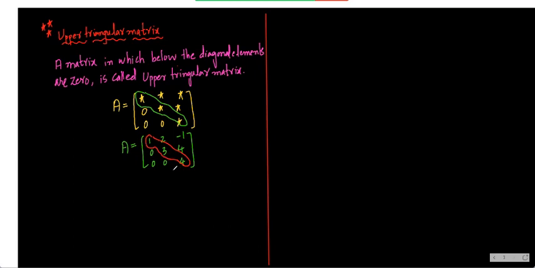Quite the opposite is the lower triangular matrix, a matrix in which the elements above the diagonal are 0. That should be understood. Upper triangular form is important because while solving problems we have to reduce the matrix into upper triangular form.